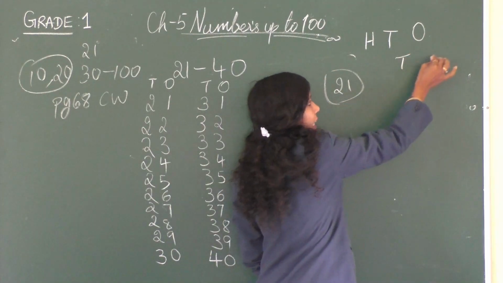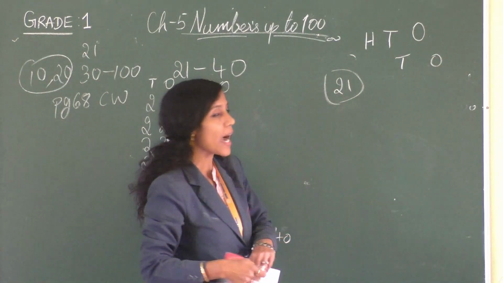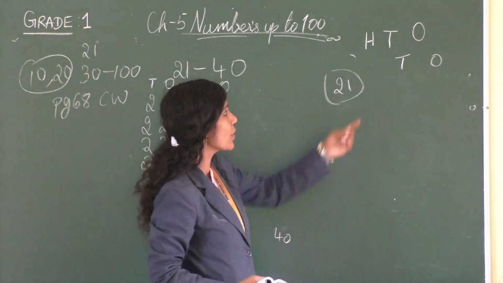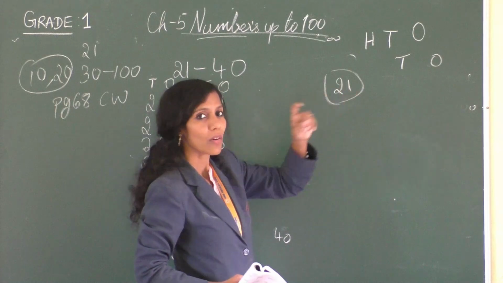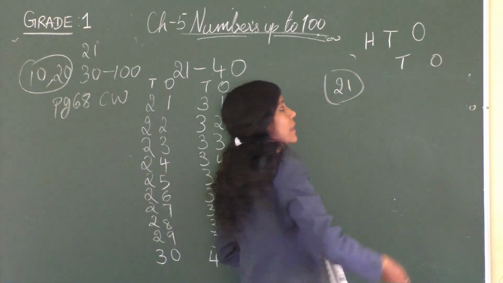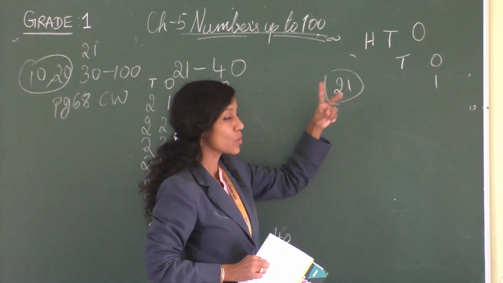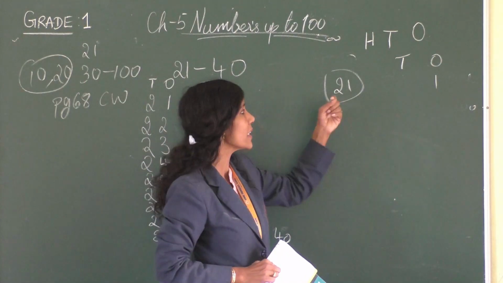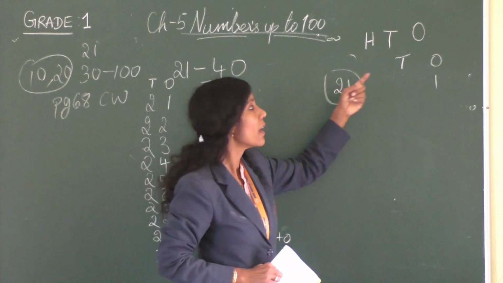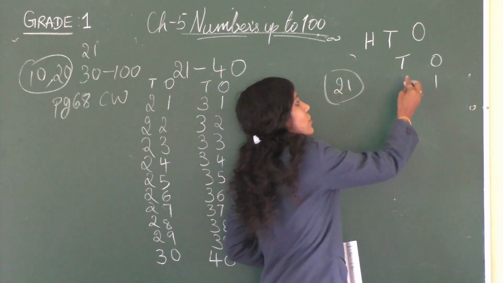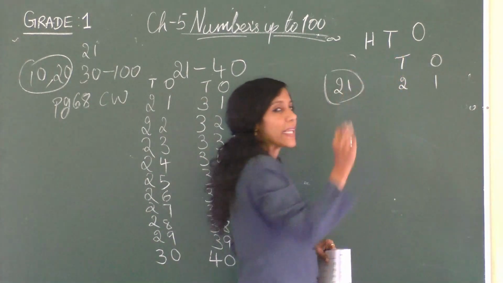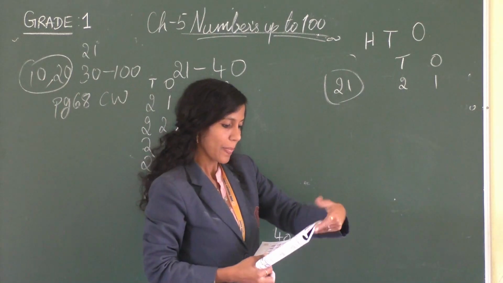If it is 21, they have given 21 as a number to you. They are writing tens and ones. So what will go under ones? One single number, that is 1. Under tens, 20, so 2 is under tens. So how do you write? 2 under tens, 1 under ones.